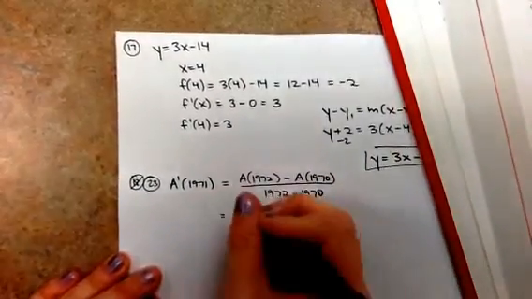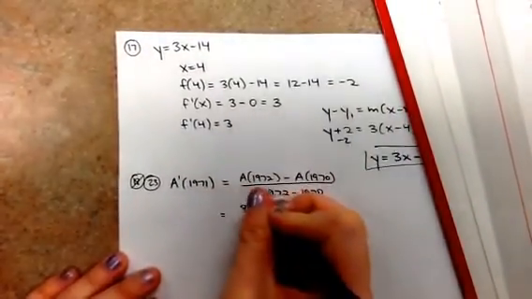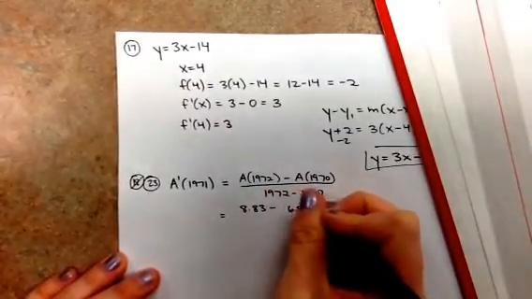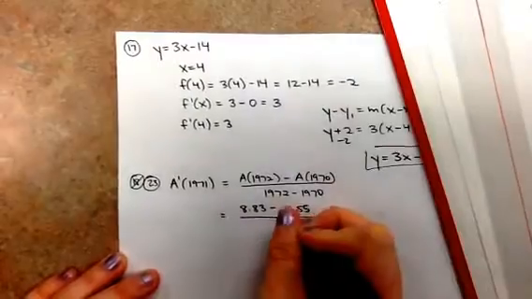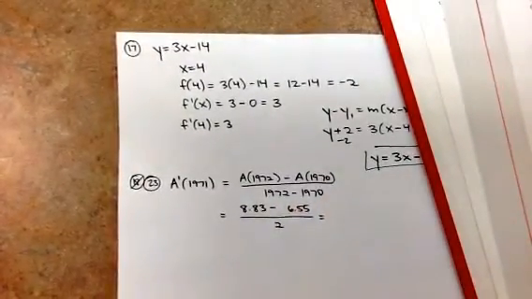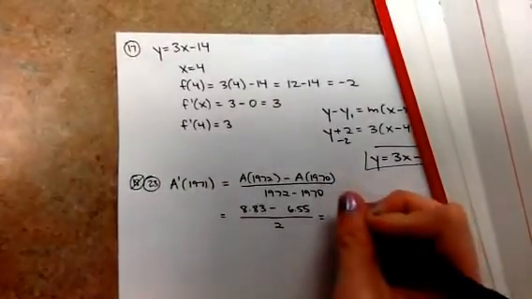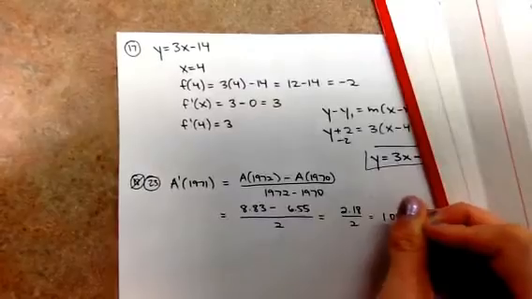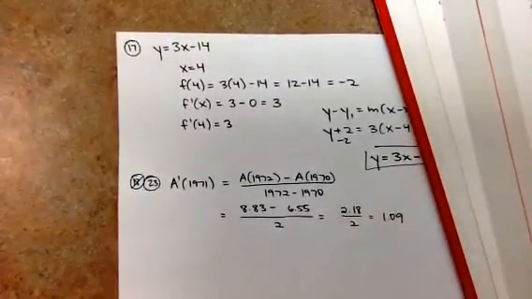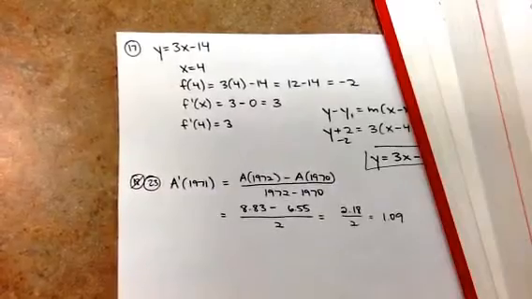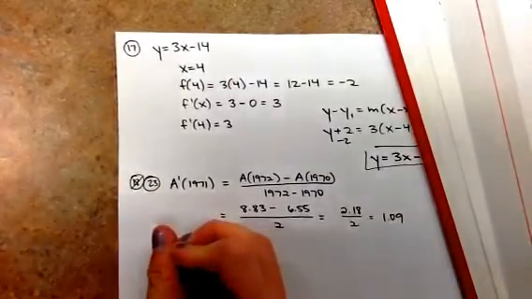Okay, so automobile production was 8.83 in 1972 and 6.55 in 1970. 2-year time span. All right, so this would be, what, 2.18 and then over 2, so that would be 1.09, and that would be in millions of automobiles per year. So that's an increase. Obviously, you can see you've got an increase in production.